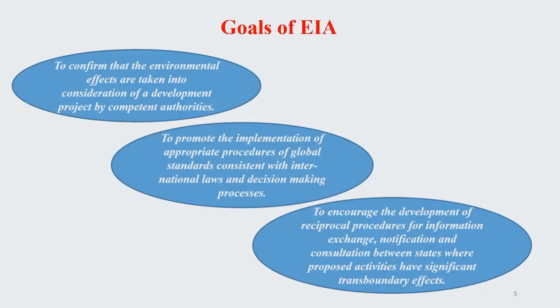All right. Now, goals of EIA. What are the different goals? It helps to confirm that environmental effects are taken into consideration in a development project by the competent authorities. This competent authority could be private as well as government entities. This also promotes the implementation of appropriate procedures of international standard which are consistent with international laws and decision making processes.